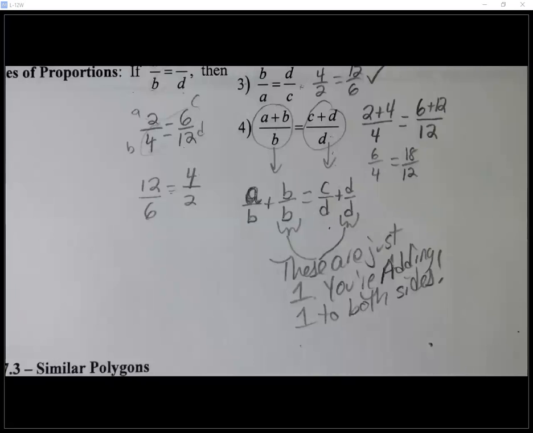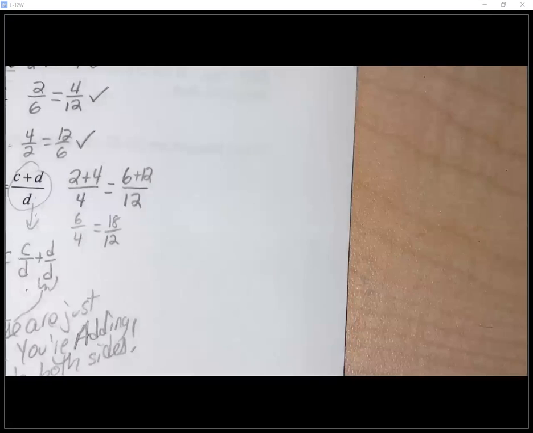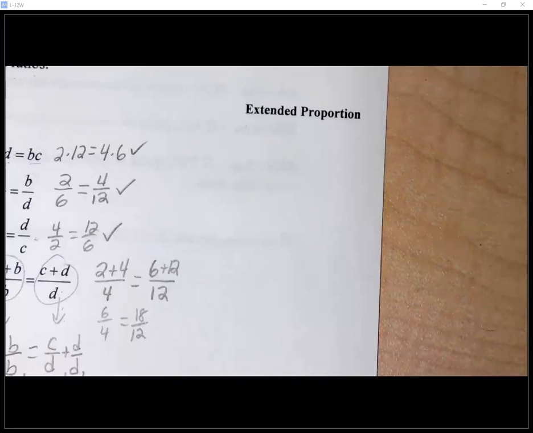Okay, so are we feeling okay with proportions so far? All right, now you'll see all the way over on the right, sort of squeezed in here, is this extended proportion. I'm sorry that there's not a ton of room here, but let me show you what's going on with this.